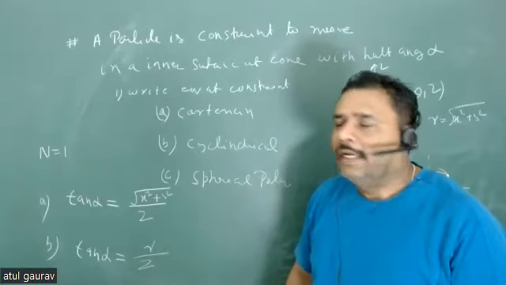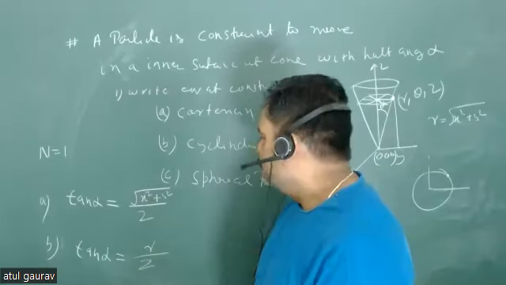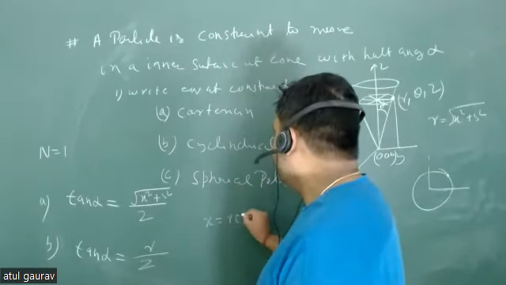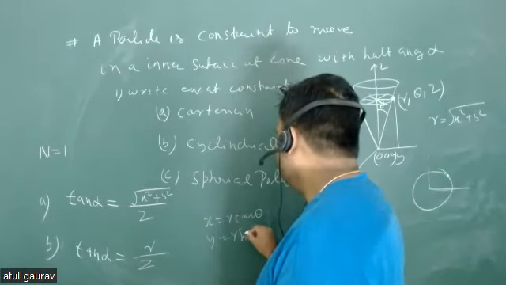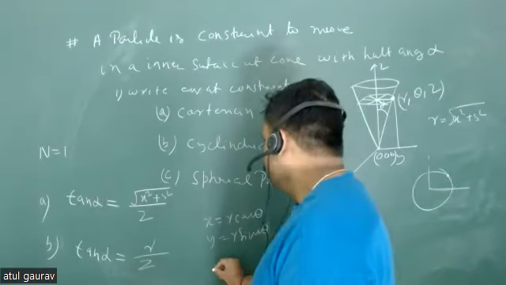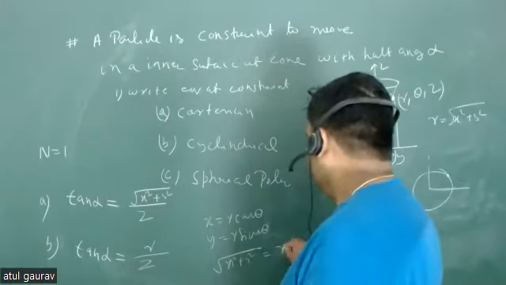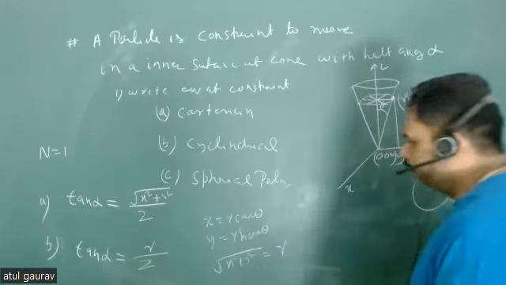If you want, you can recheck with the coordinate transformation. For the cylindrical coordinate, x is equal to r cos theta, y is equal to r sin theta. So what will be root of x square plus y square? That is nothing but r. So your r upon z.